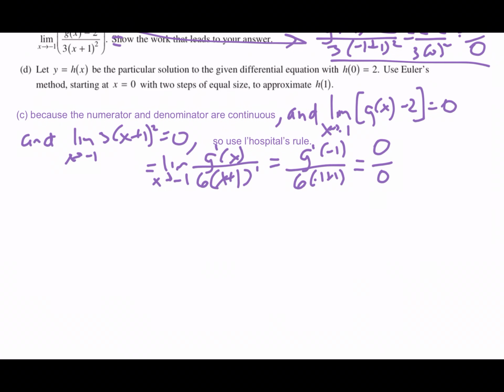Okay, so I'm going to repeat L'Hopital's. I honestly don't know if you need to state all that stuff again. You don't need to say that it's continuous. I don't know if you need to show that each individual limit is 0 again. I might just restate both of those things.